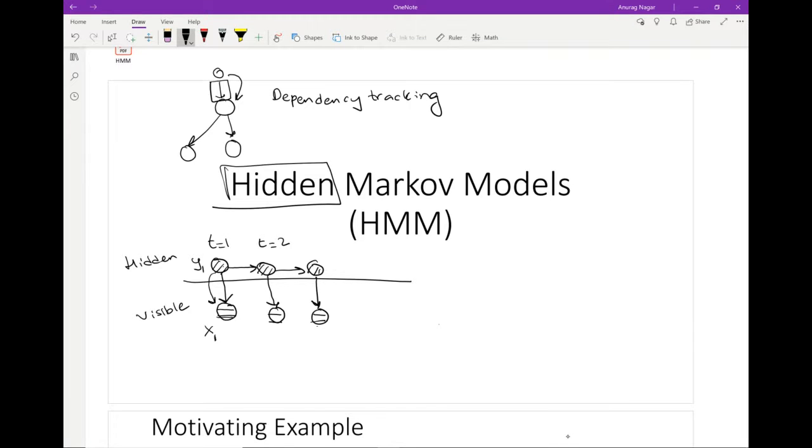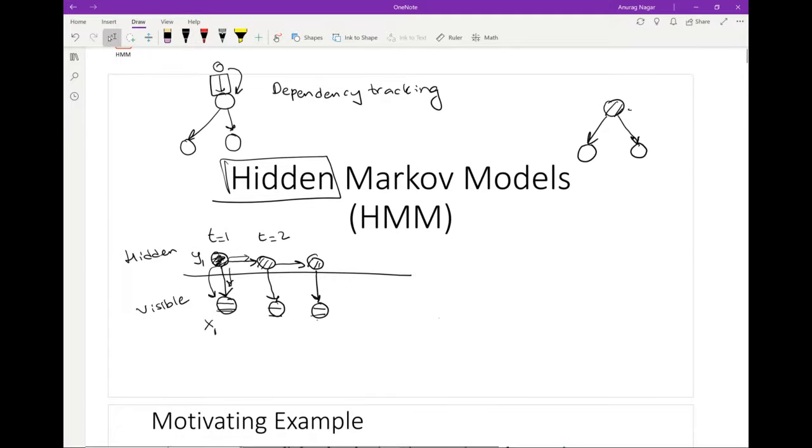Now, this is hidden. We don't know anything about this. And what type of node is this? It is a diverging node because two arrows are going out. For a diverging node, if we do not know anything about it, what does that mean? It means that these two nodes influence each other. A diverging node is this, and if you know something about this node, then it would block.